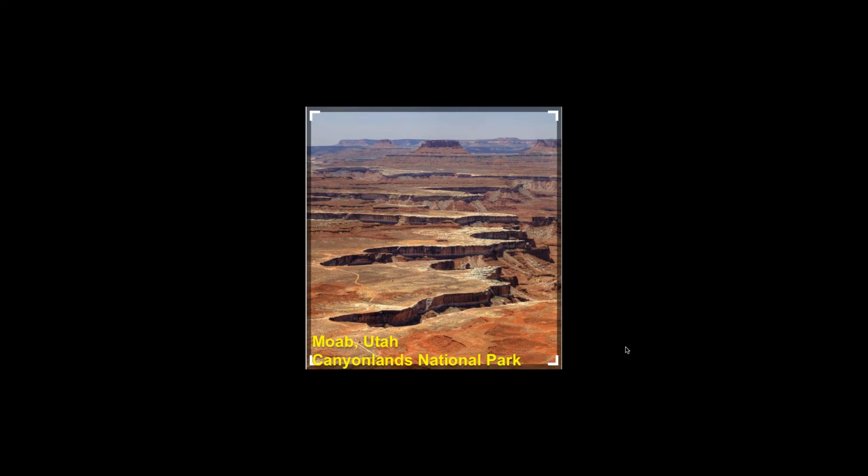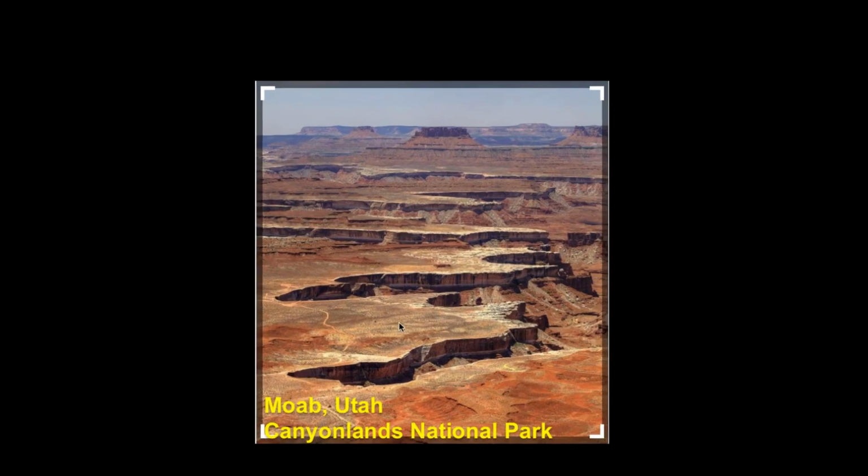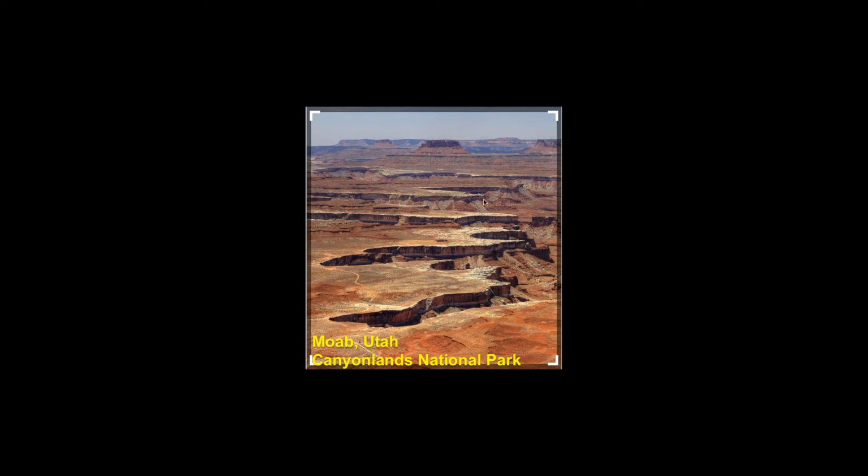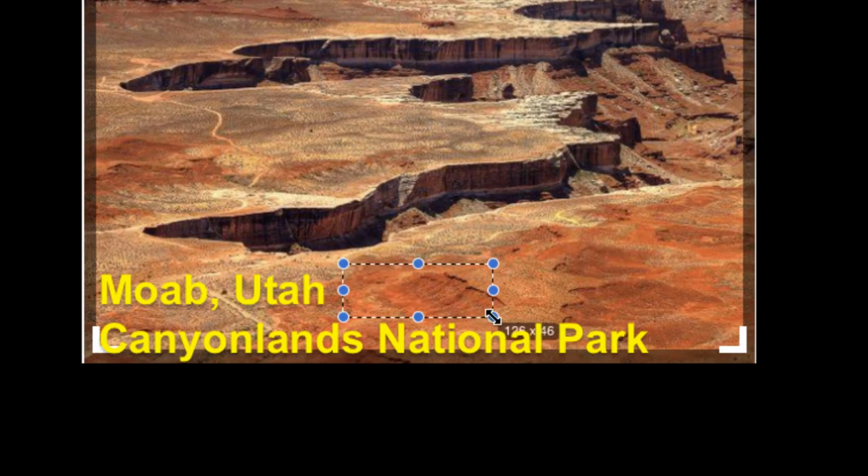Okay, Moab, Utah. It's Canyonlands National Park, and this environment is fairly flat, not perfectly flat, certainly. There's a lot of mesas protruding above some of the surface, a lot of layers. And also something to notice is this possible thing.